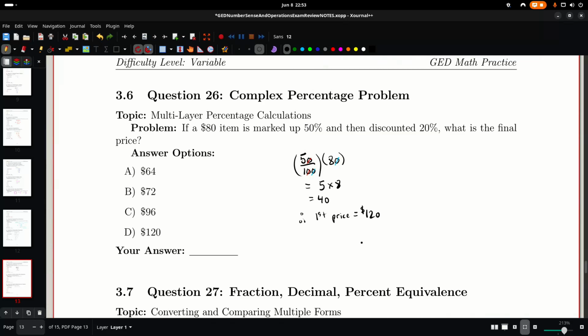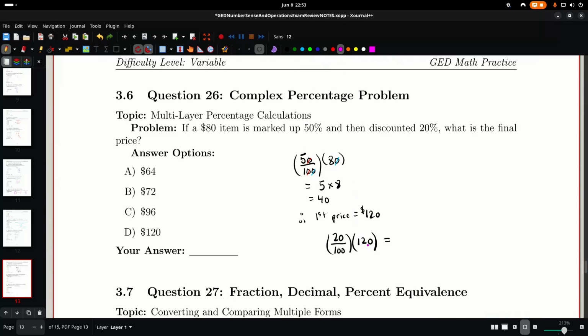And then it's going to be discounted by 20%. So 20 over 100 is 20%. We have to take that and multiply by the $120, our new price. We can do something similar to what we did before.